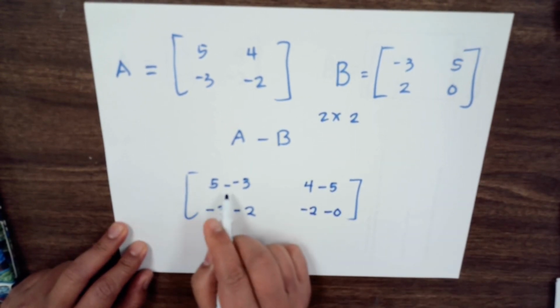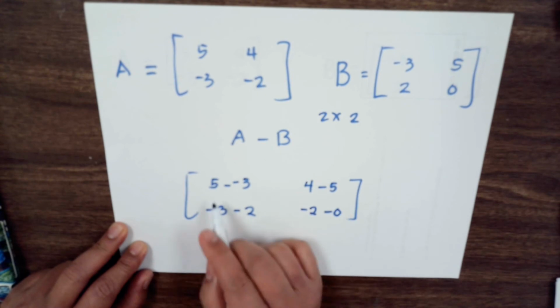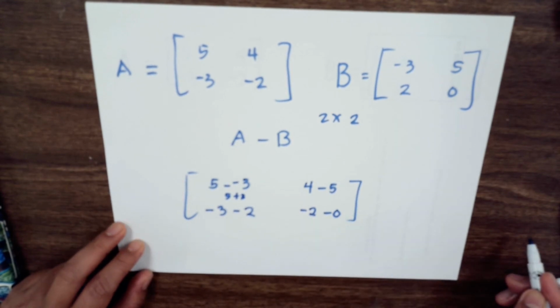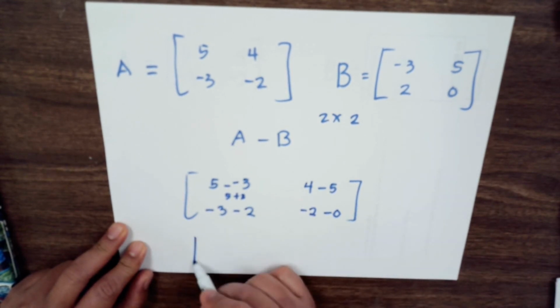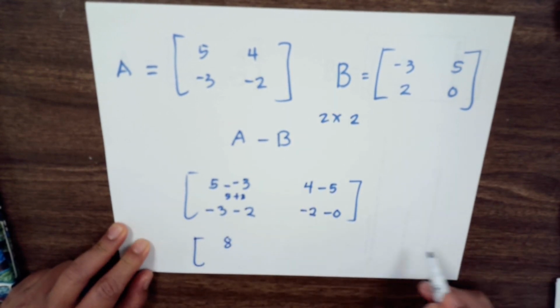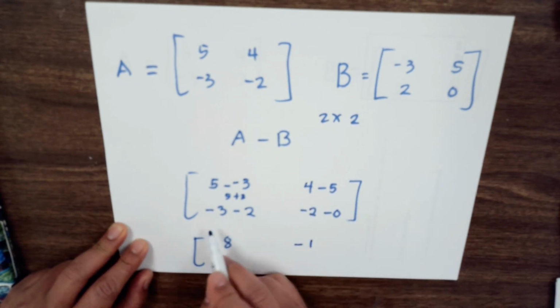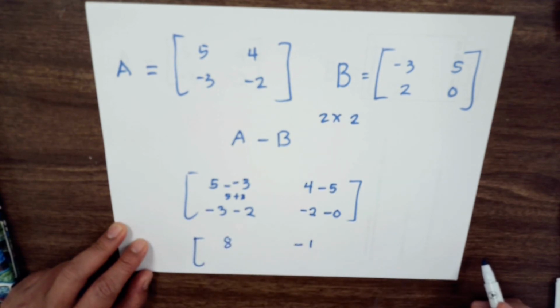Okay, 5 minus negative 3 means 5 plus 3, because negative times negative is positive. So 5 plus 3, or you simply change the sign of your subtrahend, so you will get 8. And then you have 4 minus 5, so that would be negative 1. Negative 3 minus 2, as you can see, both of them are negative. Okay, because you can simply add them and copy the sign.